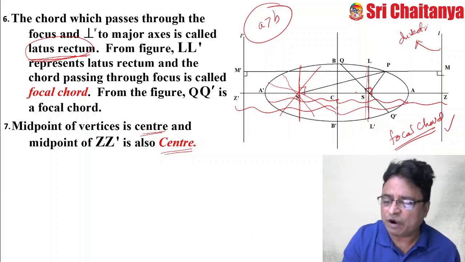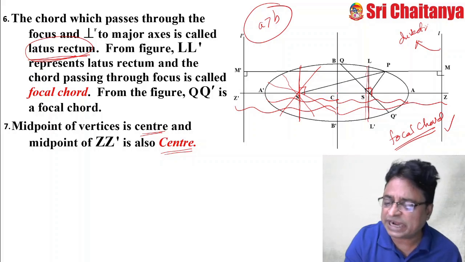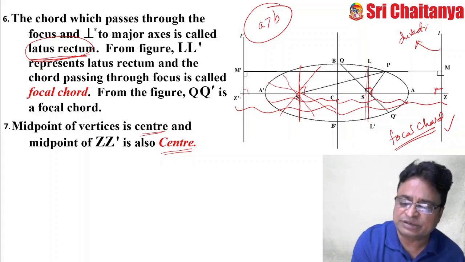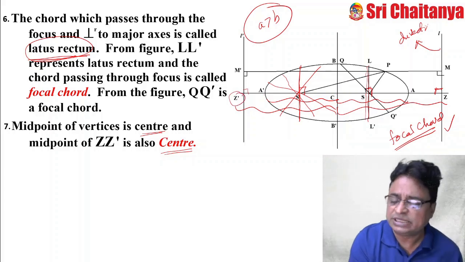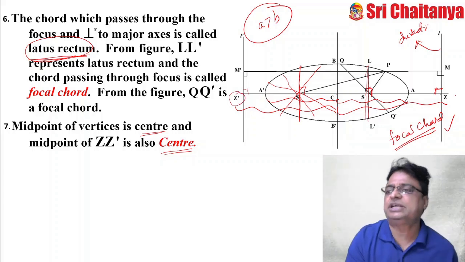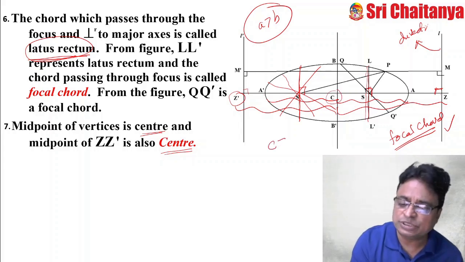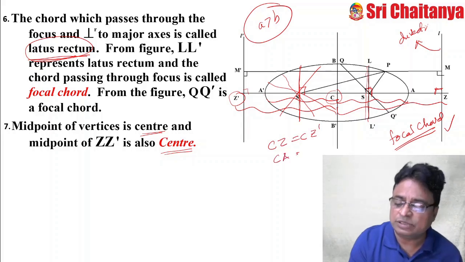If you draw the foot of the perpendicular from the center of the ellipse to one directrix, that is Z. Similarly, the foot of the perpendicular from the center to the other directrix is Z dash. The midpoint of Z and Z dash is the center. So CZ is equal to CZ dash. Similarly, CA is equal to CA dash.